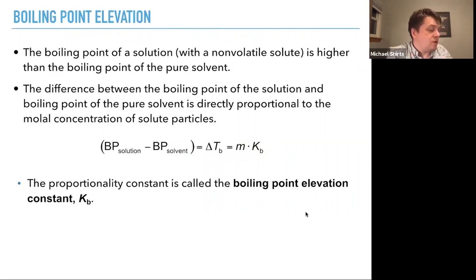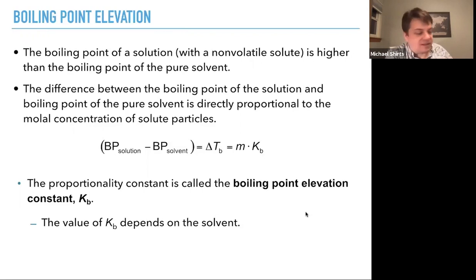Okay, so again, this proportionality constant is the boiling point elevation constant. You could do everything in terms of molarity as well, by changing the way you do the units, but it's more consistent to do it in terms of molalities because you're looking at temperature changes, and the molality does not change as the temperature changes. Again, of course, this constant depends on the solvent. The units are the same as for freezing point.